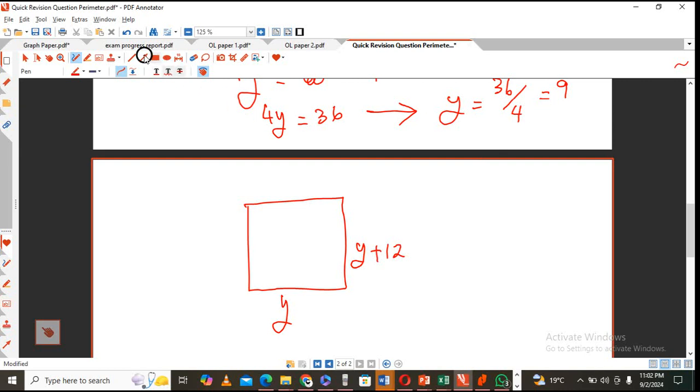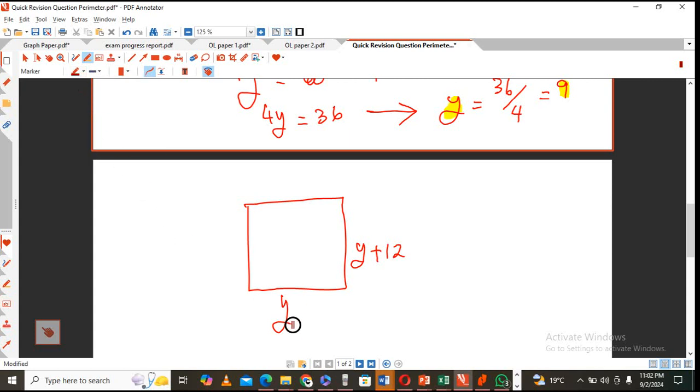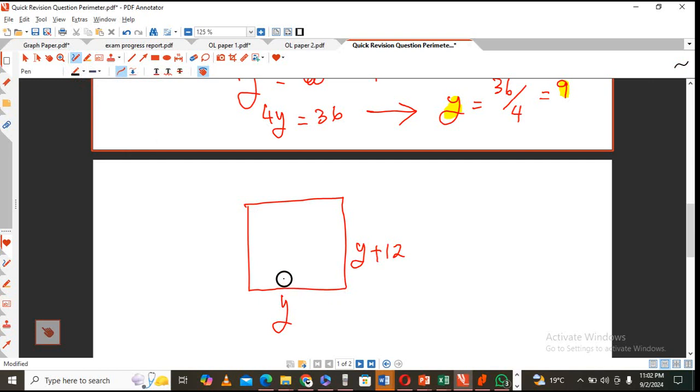Now that we know y equals 9, this distance here is 9, and this one will be 9 plus 12, and this is also going to be 9, so this is 21 over there and 21 over there.